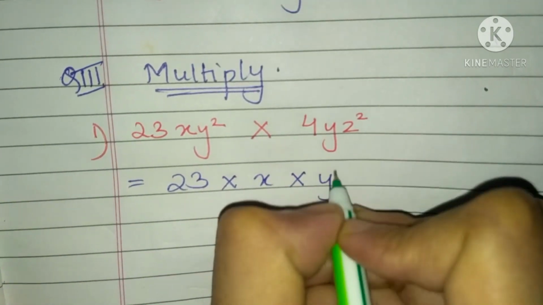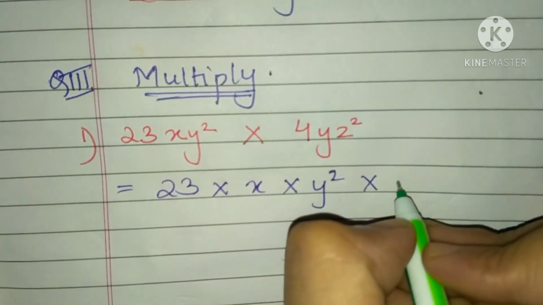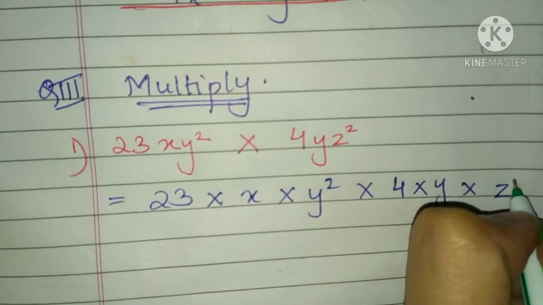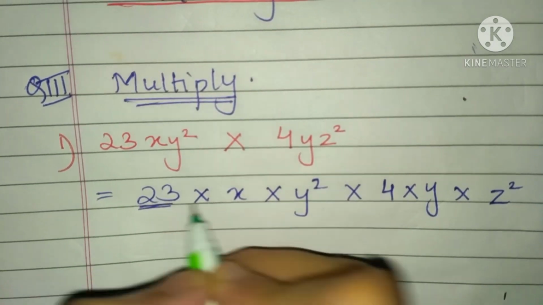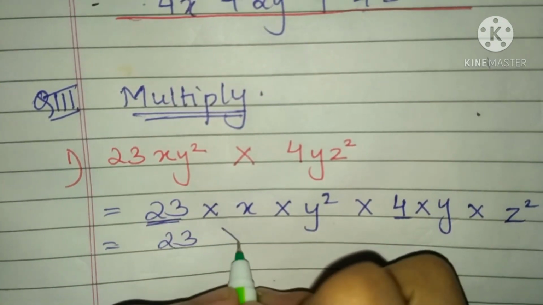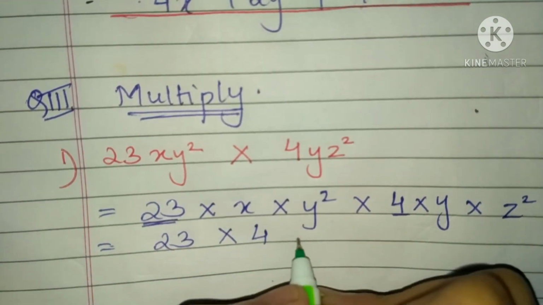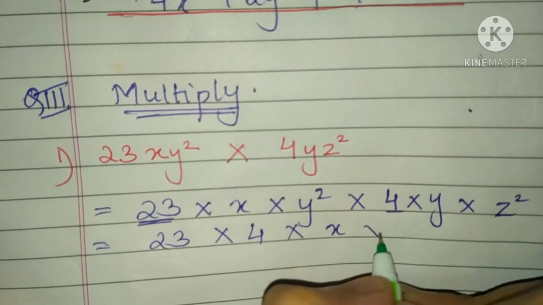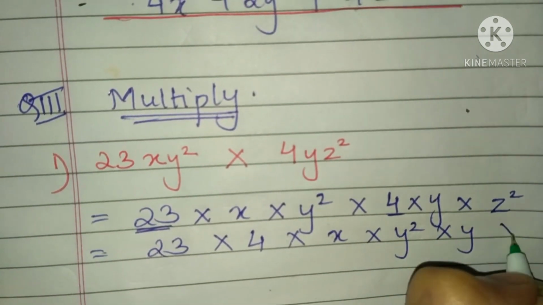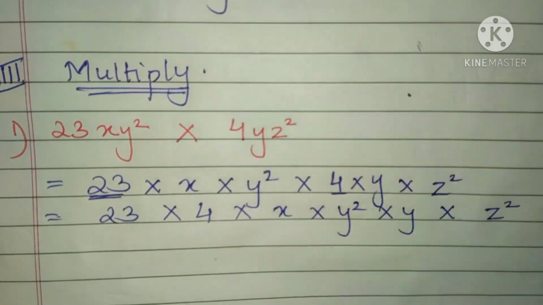We will split up the terms: 23 into x into y square into 4 into y into z square. Now we will collect the like terms. There is no like term here, so we will just collect the numbers together and variables together: 23 into 4, x, y square into y, z square.